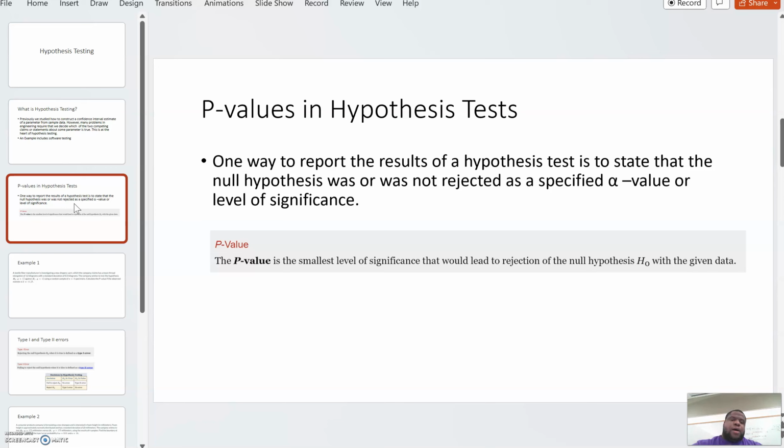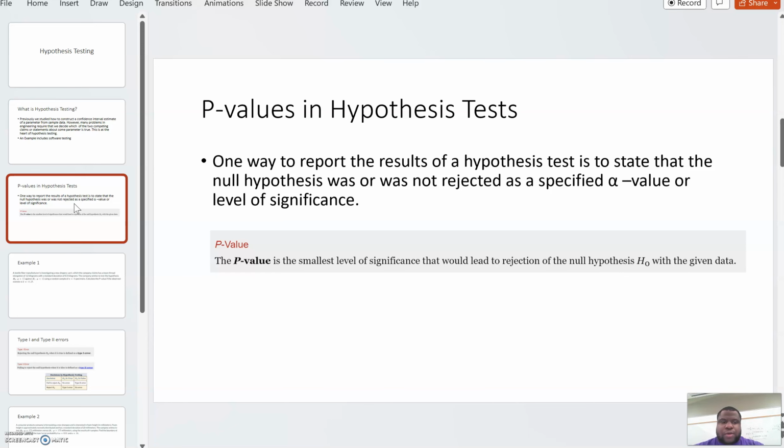Okay, and so the p-value is the smallest level of significance that would lead to rejection of the null hypothesis, H naught. So again, the null we use as H naught, and we normally use H1 to be our new claim.